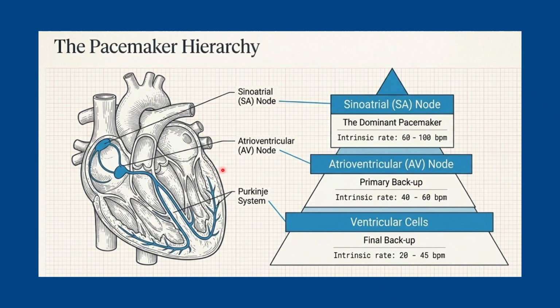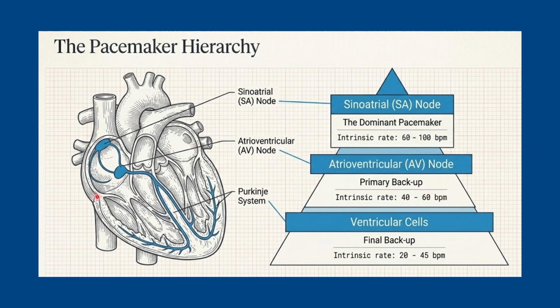There is no vagal or parasympathetic supply to the ventricles, and this is important to know for the management of arrhythmias. So what happens if the SA node is damaged? The AV node, the atrioventricular node, takes the responsibility as primary backup, and its firing rate is 40 to 60 beats per minute.